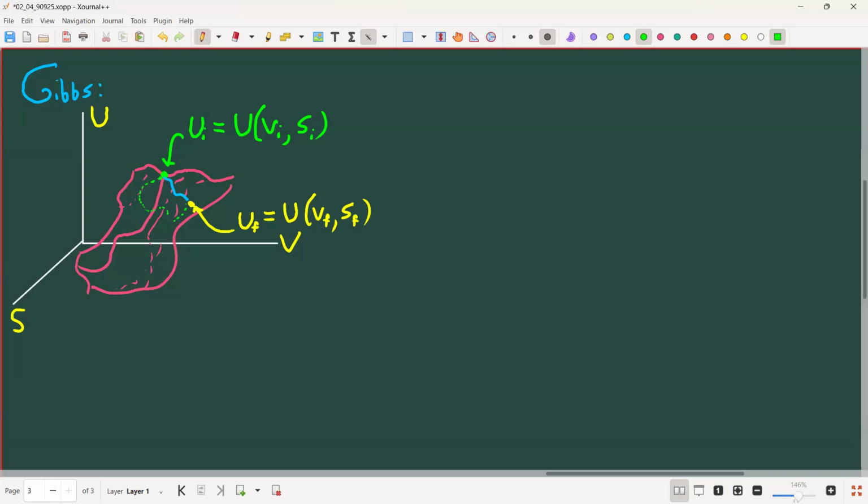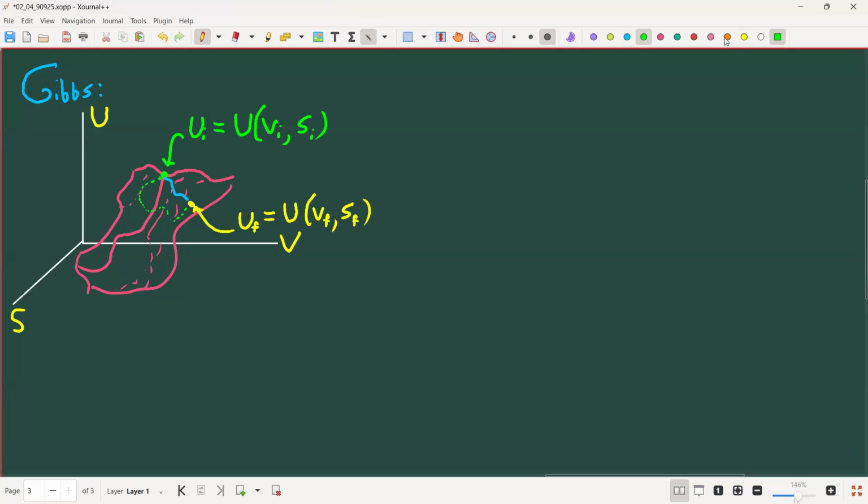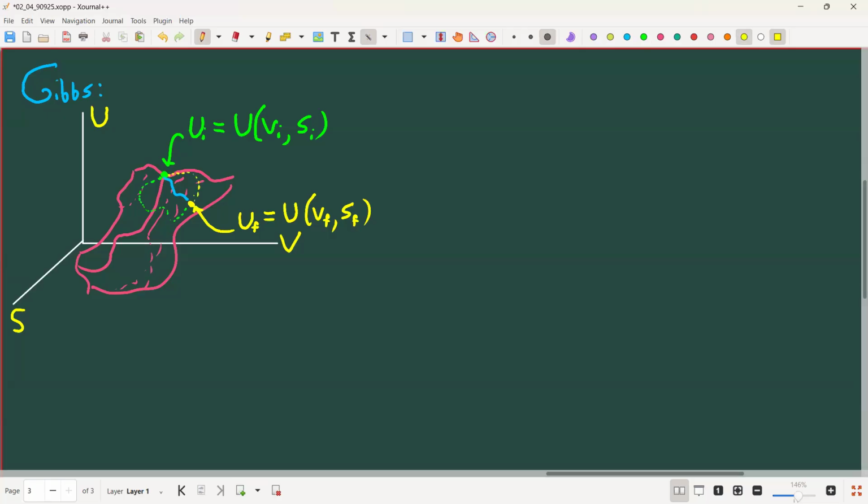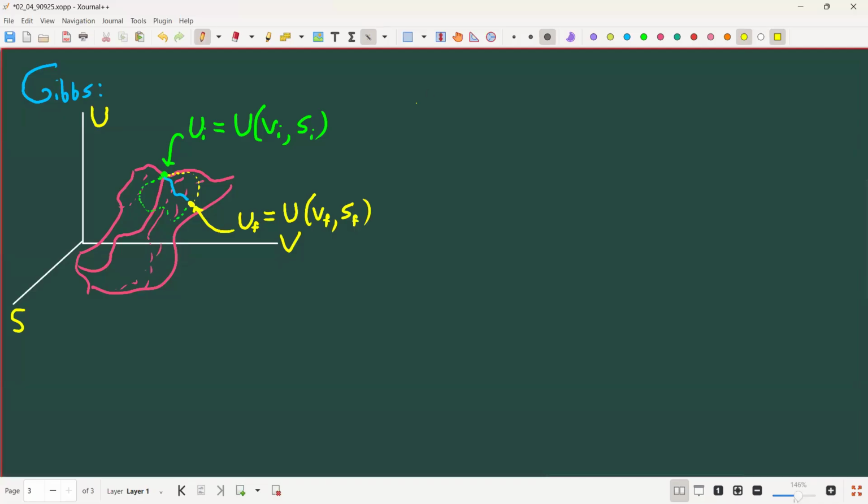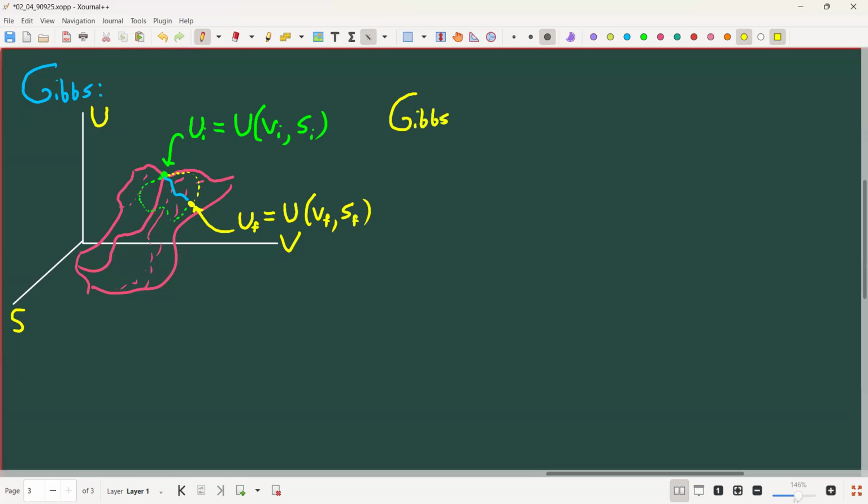But the idea is we can go any direction we want along the surface. Maybe you have a piston and you push it and pull it, and you go to an intermediate state, you go out further and come back, you just do a bunch of changes. But no matter what you do, you always come back to the same point. And what Gibbs's equation guarantees is that no matter the path, so Gibbs's equation is what we call path independent. It means no matter the path, du is always the same.